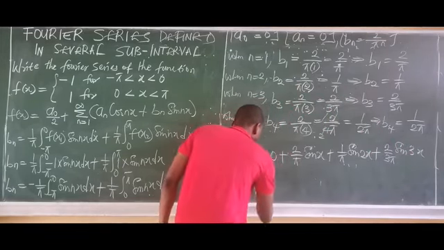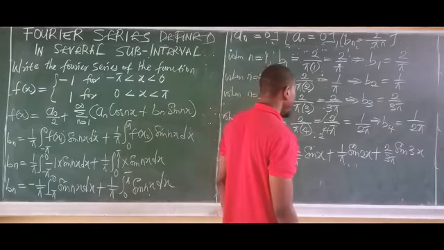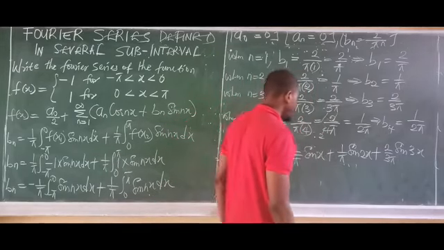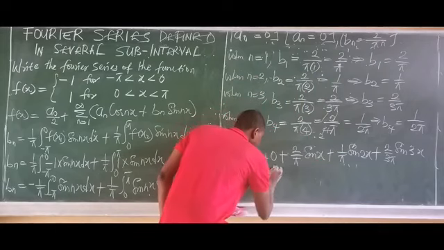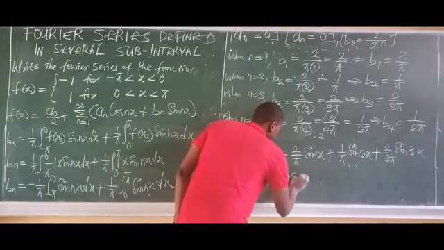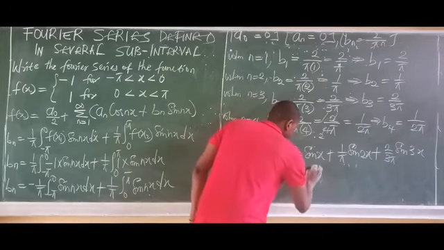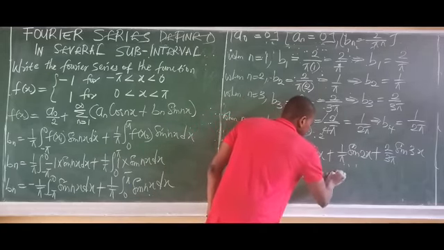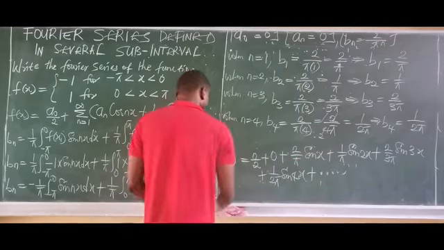Plus, finally we considered when n is equal to 4, we have 1 all over 2 pi sine 4x. So the series continues like that. It doesn't have an end.